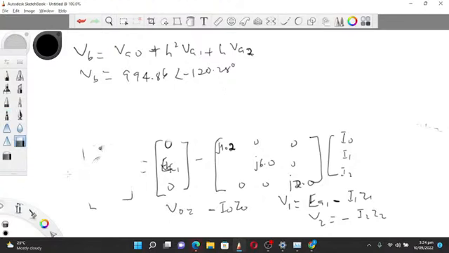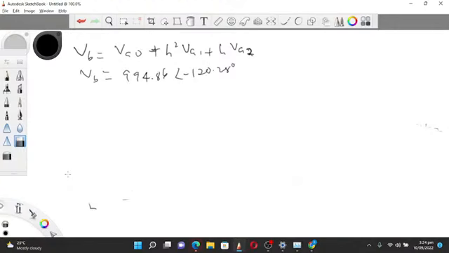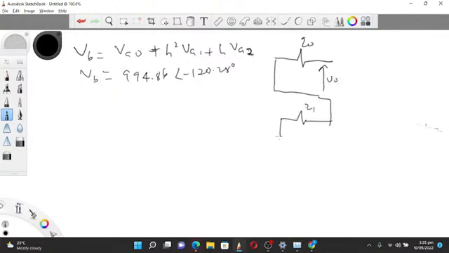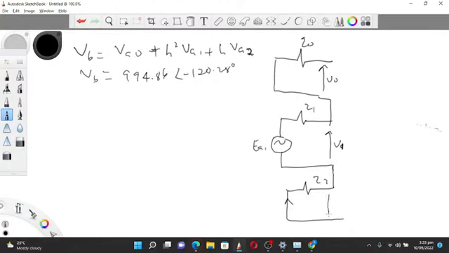Please, if you are confused why we got these formulas, you should just go back to our block diagram. So this is Z0 and this is V0, Z1, EA1, this is V1, Z2, this is V2, and this here is our 3ZF.